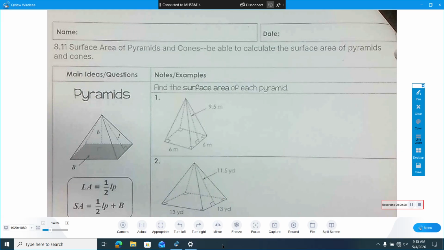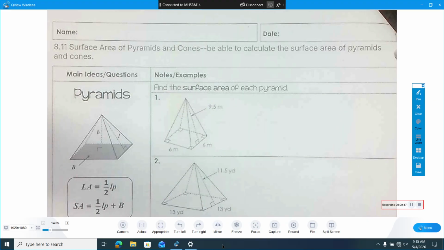So, we have surface area again today, and you have already done this, because Delta Math actually doesn't have solids in this form where you can see them in 3D, so they make everything into a net.